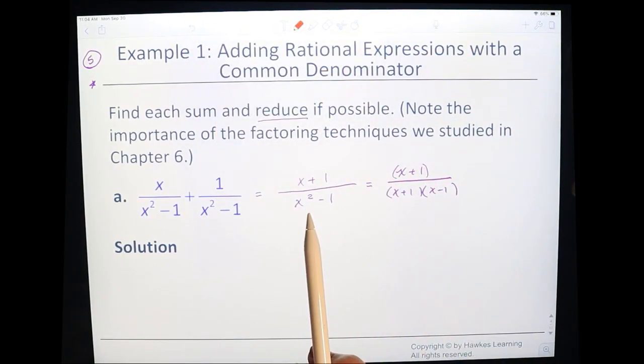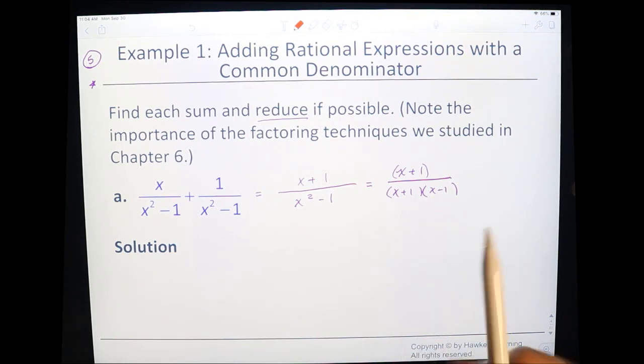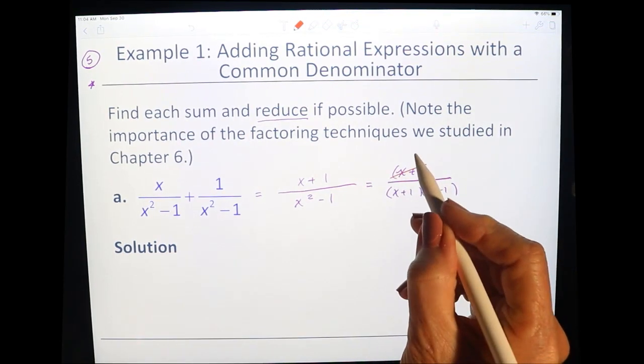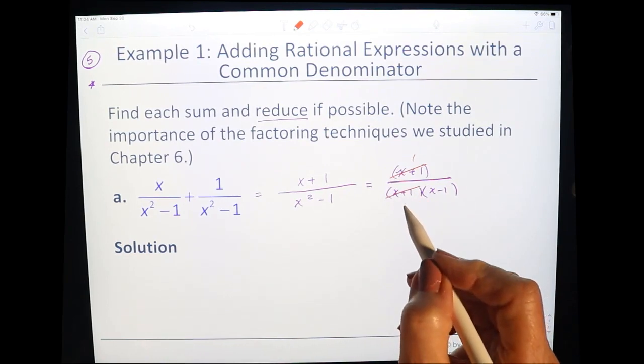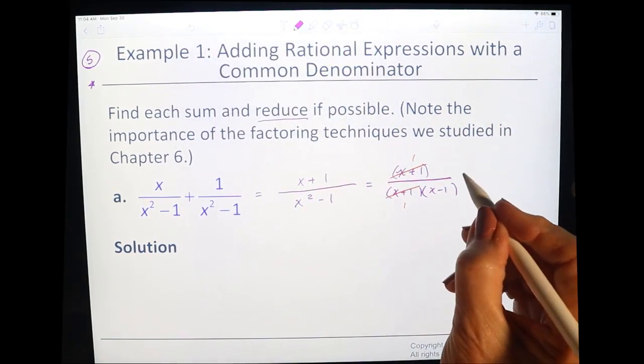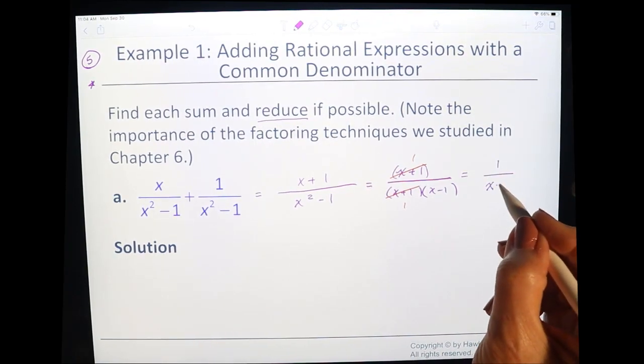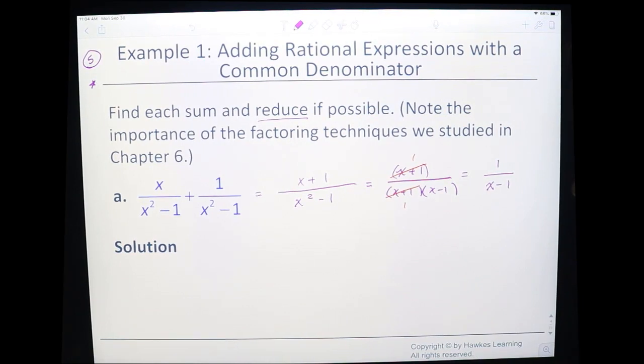So this is the difference of two squares. You can see I factored it into x plus 1 and x minus 1. Here I see a cancellation process. So I'm simplifying, and my final reduced answer is 1 over x minus 1.